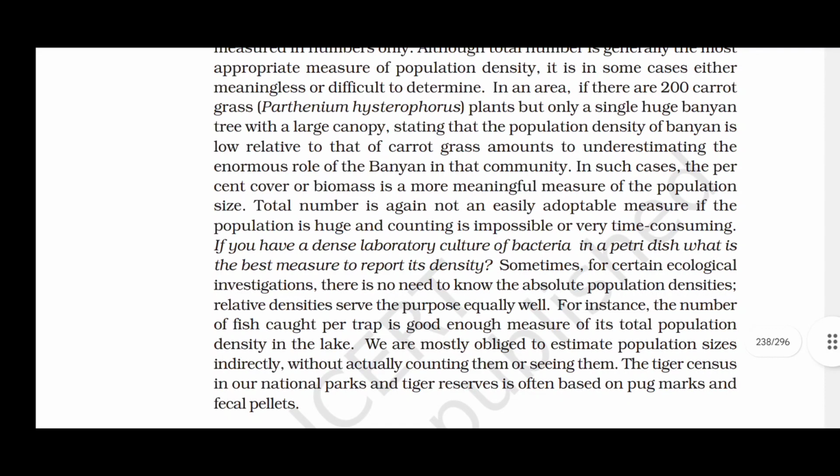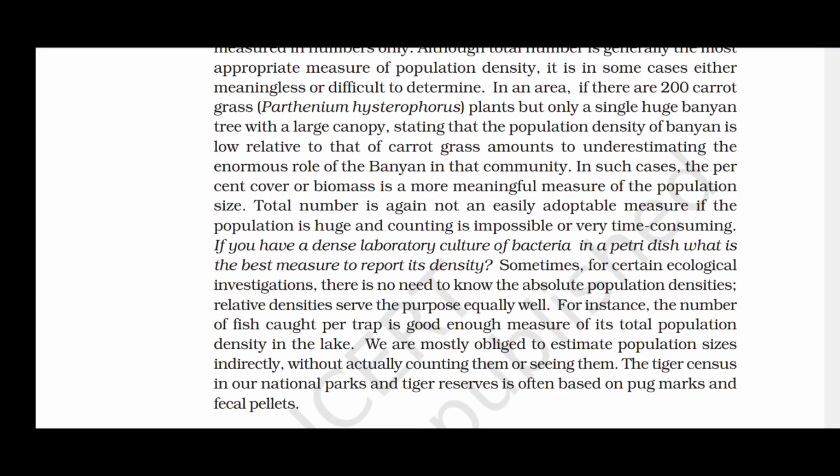Total number is again not an easily adoptable measure if the population is huge and counting is impossible or very time consuming. If you have a dense laboratory culture of bacteria in a petri dish, what is the best measure to report its density? Sometimes, for certain ecological investigation, there is no need to know the absolute population densities.